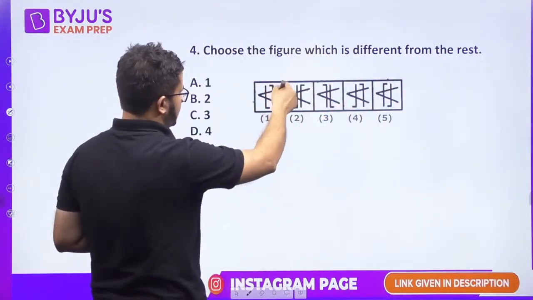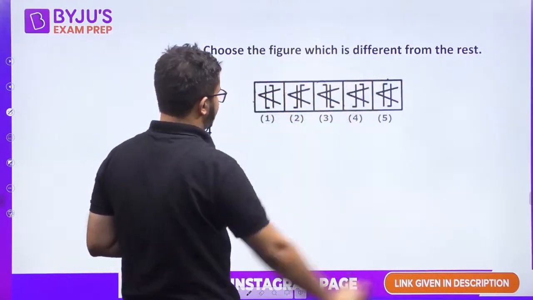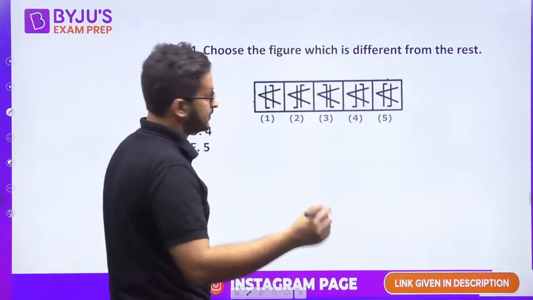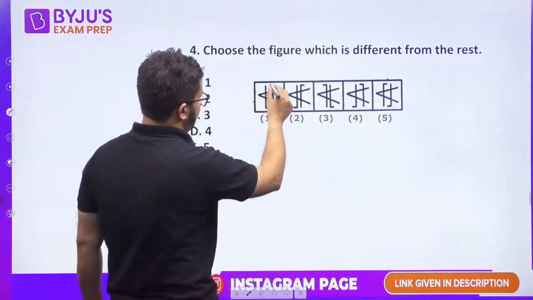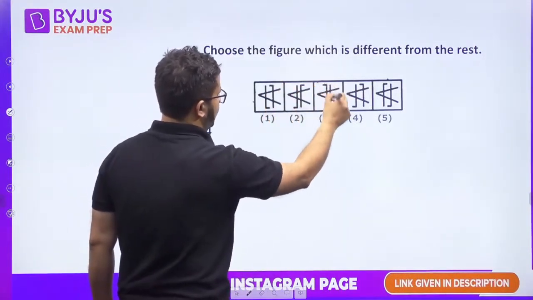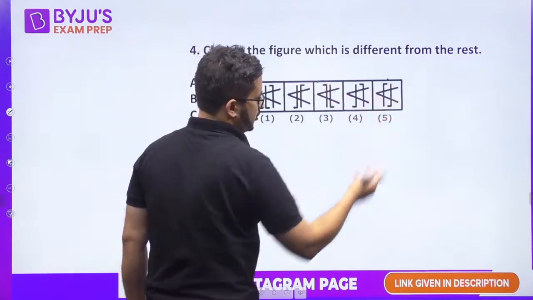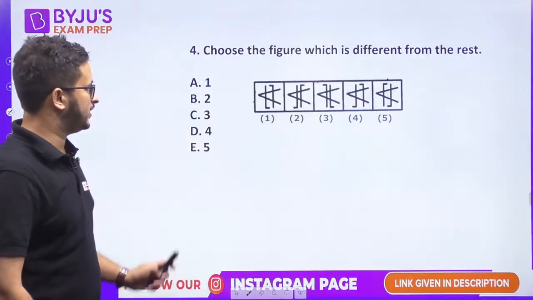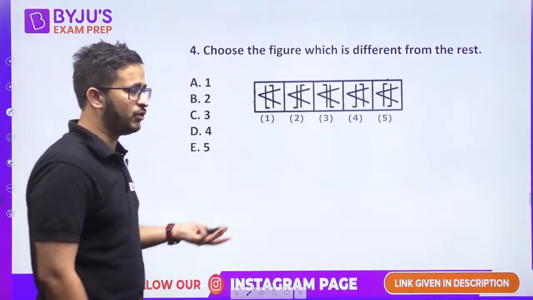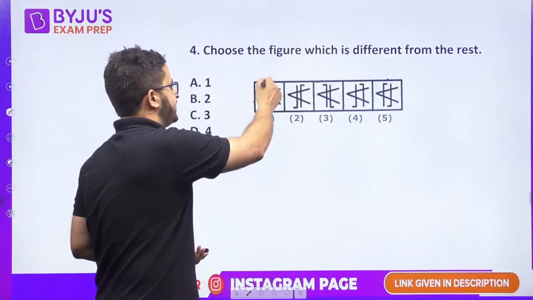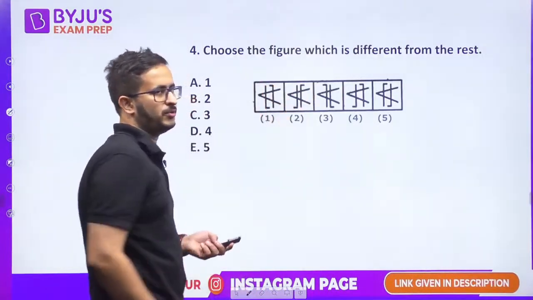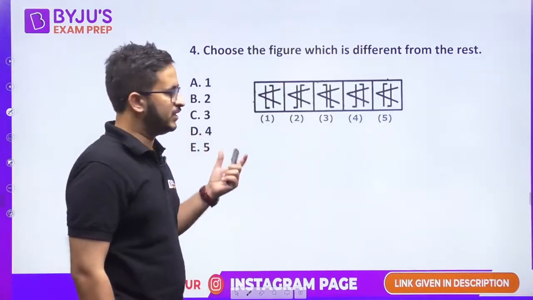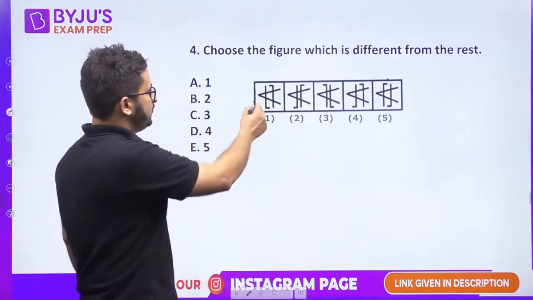Now there are two perpendicular lines present in all, then there are 2 faces. If you look, this is on the bottom, top, bottom, top, bottom, top, so you cannot say that is an odd one out. If both were on the top or both were on the bottom, you could have said that. So what is the next thing that we must look for? That is the direction of these pointers.